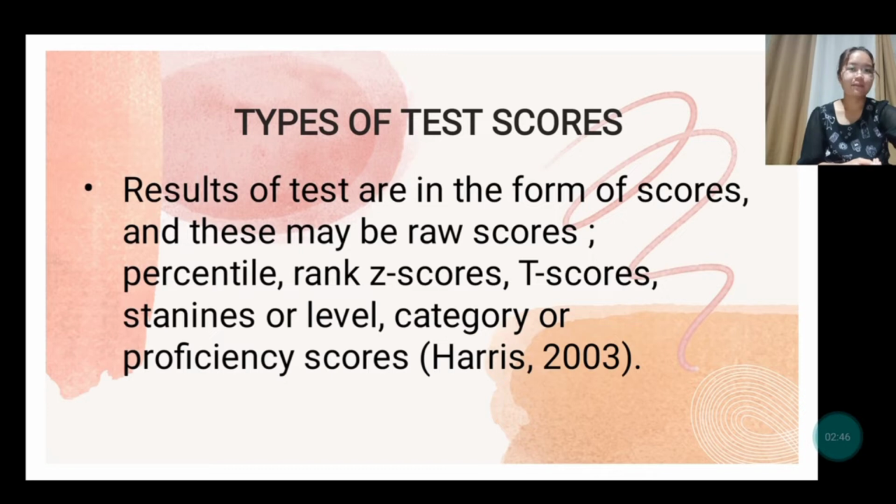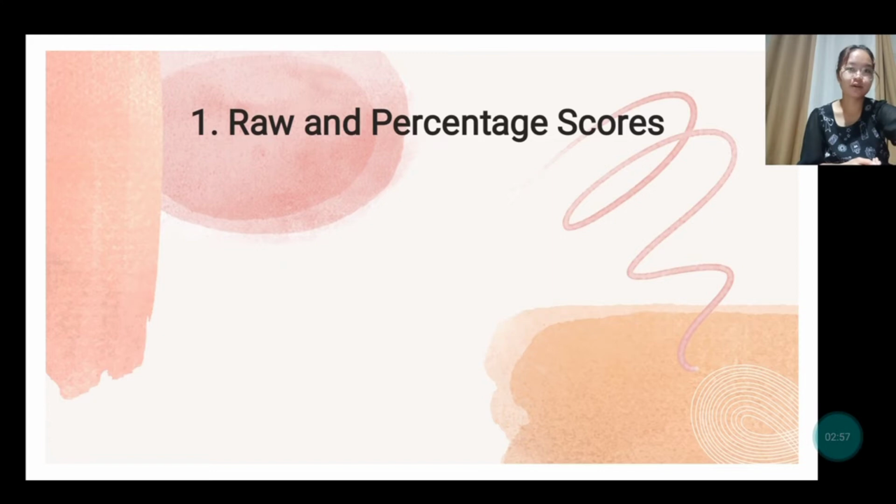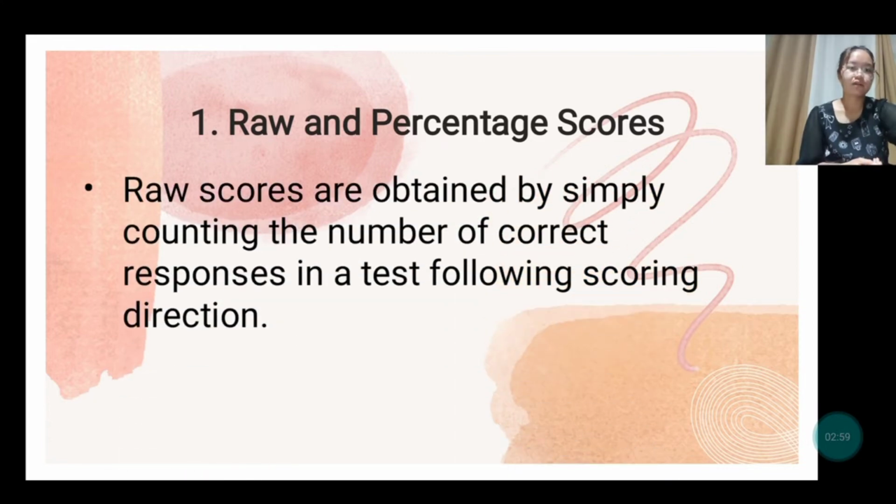The first type of test scores is the raw and percentage scores. So, what are raw and percentage scores? And how can we determine the raw scores? Raw scores are obtained by simply counting the number of correct responses in a test following scoring direction.